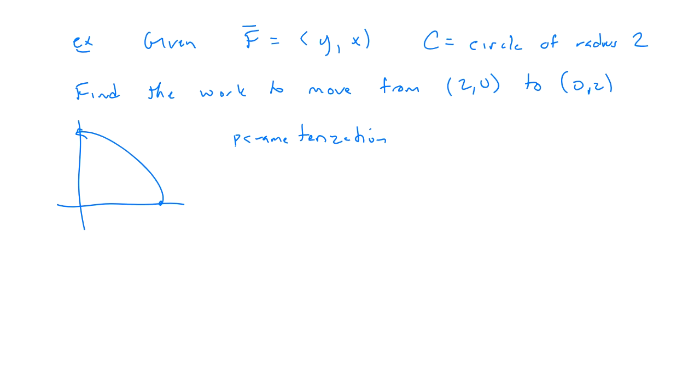But since this is a circle, what type of coordinates do we probably want to use? Polar. So therefore, our parameterization is x is equal to r cosine theta. But r, of course, is 2.